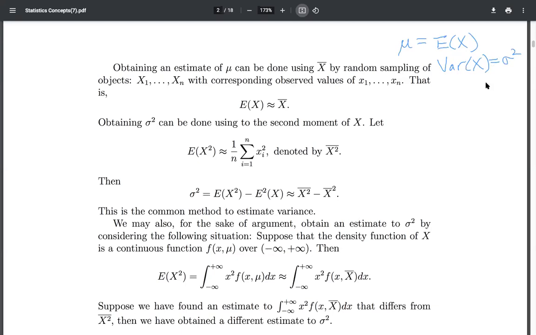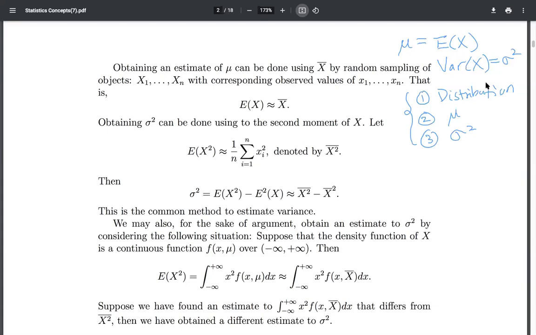What is the distribution? And then you want to know what's mu, and then you want to know the variance. So with this, you would have a pretty good idea about how these objects will behave, right? So this is what we want to know.